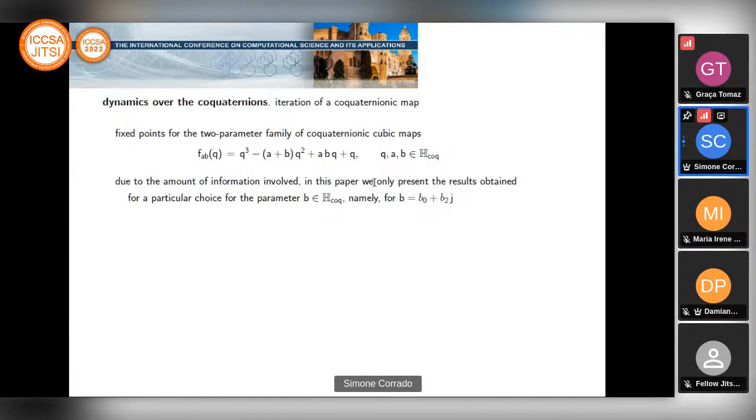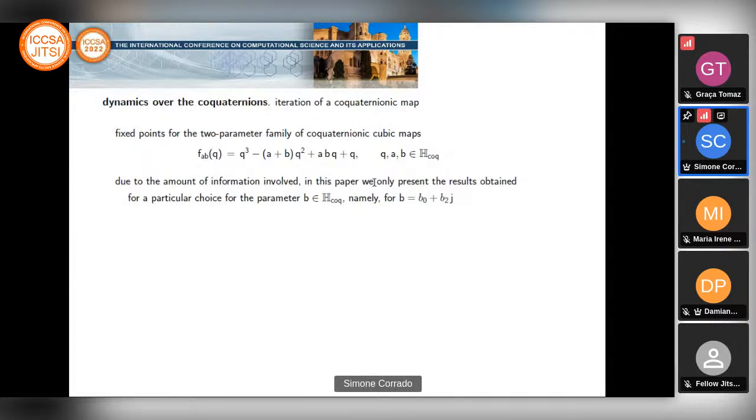The results that we are presenting here are just for the parameter b equal to b0 plus b2 j.